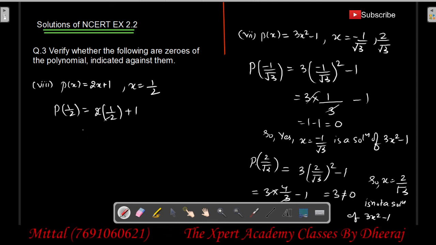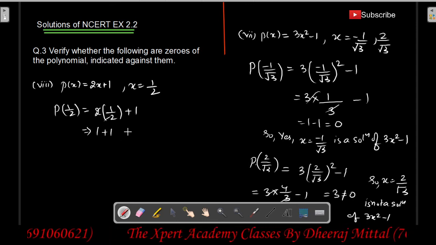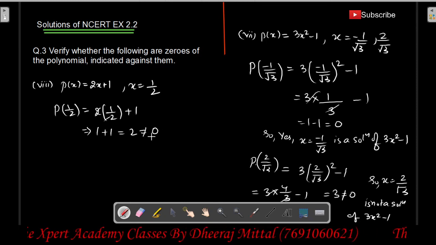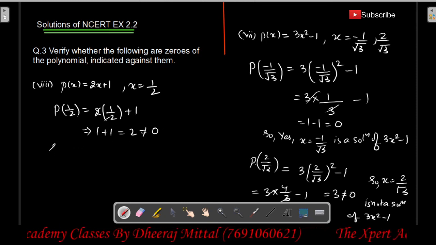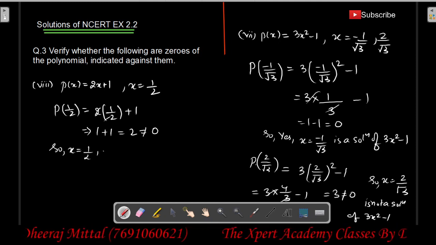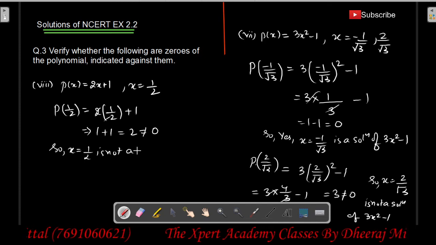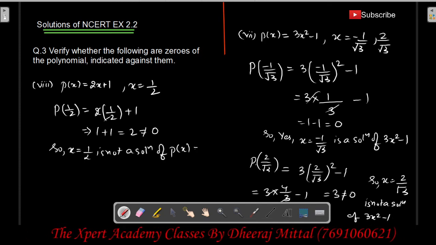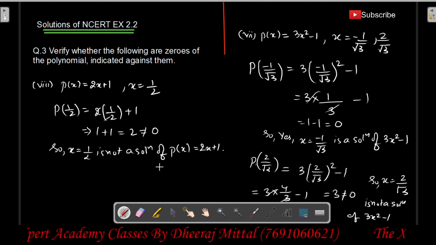So 2 is cancelled by 2. That implies 1 plus 1. That is equal to 2 and not equals to 0. So it is not a solution. So x is equal to 1 divided by 2 is not a solution of px is equal to 2x plus 1.